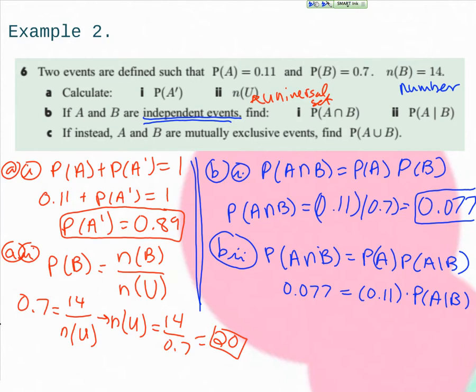Yes. How do you know which one to use for probability of A or probability of B? Yeah, you know what I'm thinking? I did put the wrong one. I wrote this down wrong.